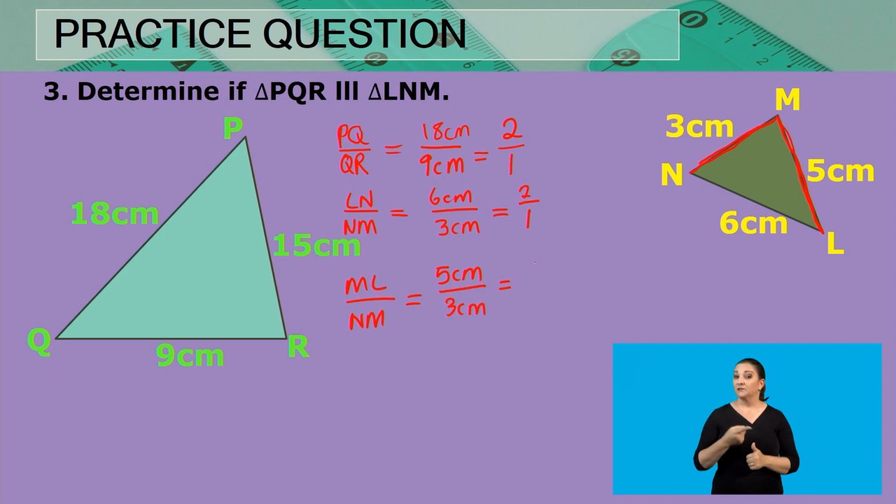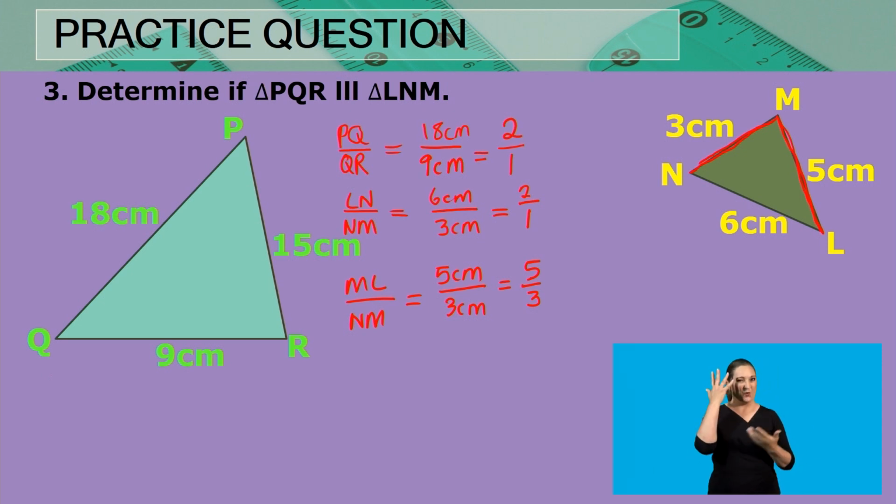Now this is going to give us a ratio of 5 divided by 3. So that is the ratio of those sides in the smaller triangle. Which ones are the corresponding sides in the larger triangle? So we can see if the corresponding sides are in proportion.